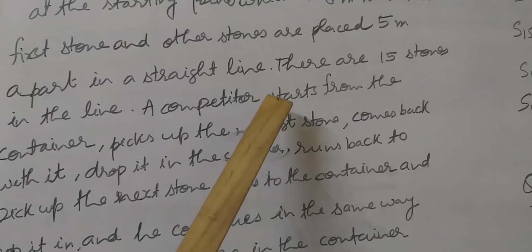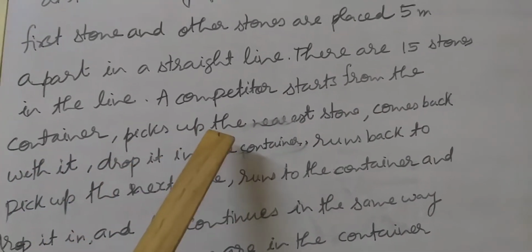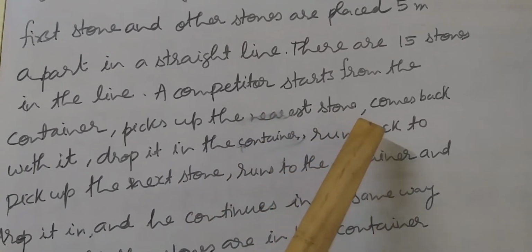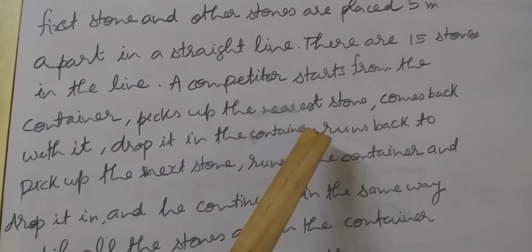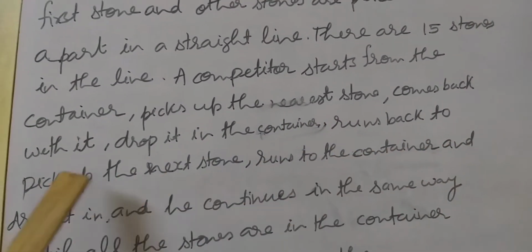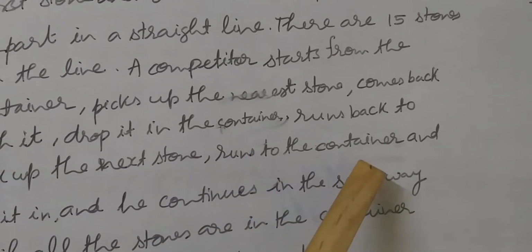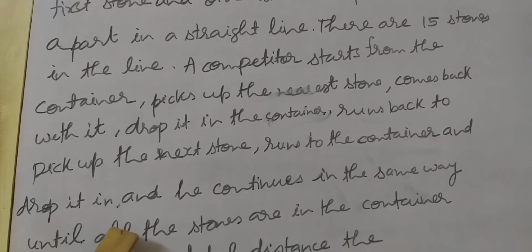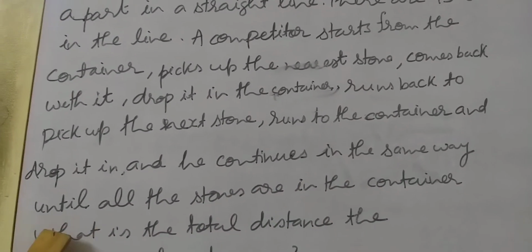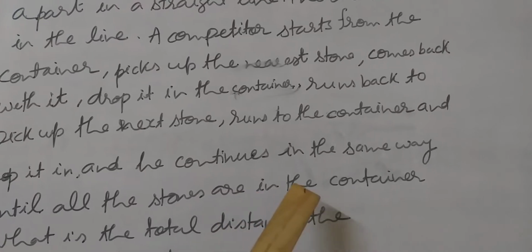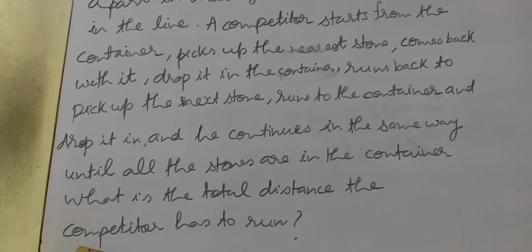A competitor starts from the container, picks up the nearest stone, comes back with it, drops it in the container, runs back to pick up the next stone, runs to the container and drops it in, and he continues in the same way until all the stones are in the container. What is the total distance the competitor has to run?